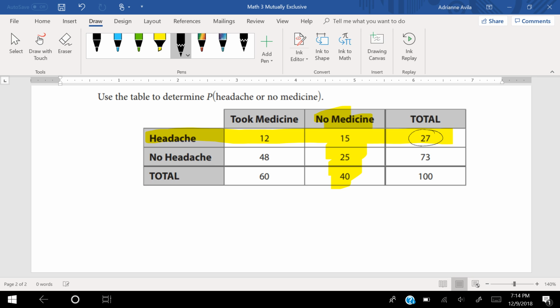There are 40 of those people who took no medicine out of the 100. And then I have this overlap right here that there are 15 people who took no medicine and have a headache.